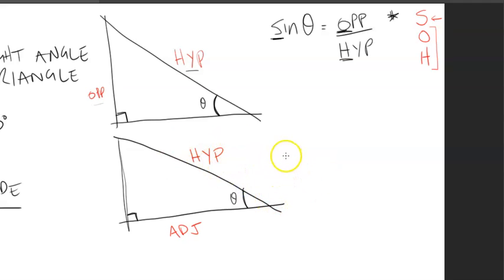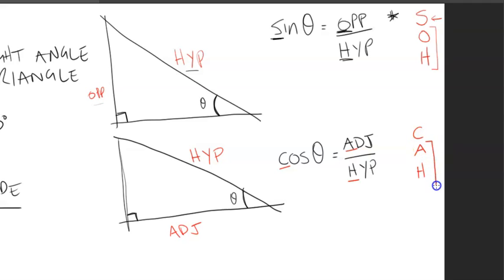We use a new terminology, and this is called cos theta. Cos theta is equal to the adjacent divided by the hypotenuse. Again, I'll underline those three letters, C, A, and H, to put CAH. This is saying if an angle has been given and we're given the adjacent and trying to figure out the hypotenuse, we have to use the cos function on a calculator.